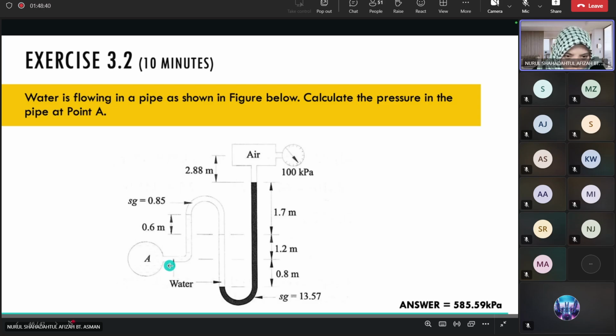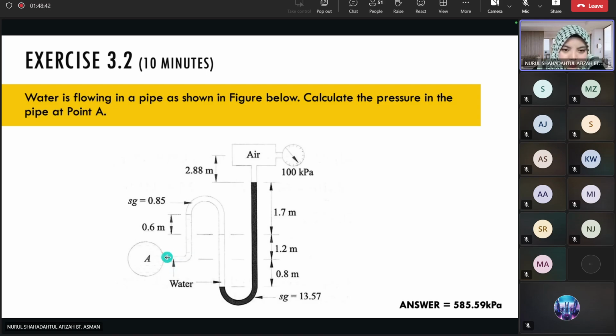So kalau water, nanti di sini. You can try to do it. Dia punya jawapan 585.6 kilopascal. Kalau cari pressure dekat A, to find pressure here.